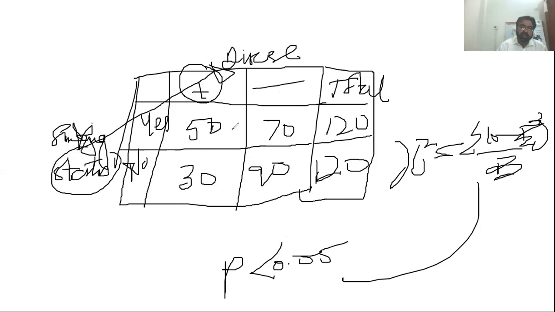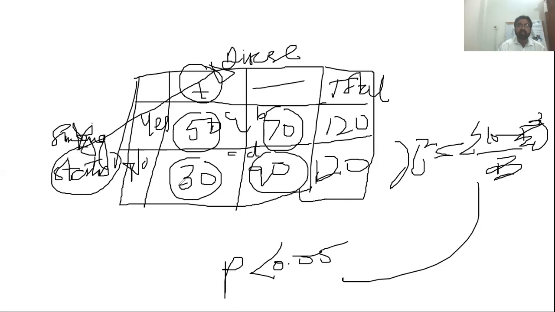Now, if you calculate the expected frequency, these are the observed frequencies in cell A, this is B, this is C, and this is D. If the expected frequency that we calculate through a formula in any of these cells is less than 5, then you will not apply the chi-square test, but you will go for the Fisher exact test.